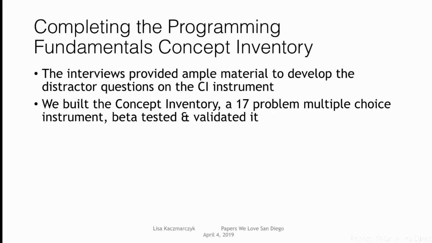After the work this paper was about, we finished the concept inventory, and to make it short and sweet, we used the misconceptions that we found to develop the distractor questions on the survey. The inventory has a series of questions that ask about a concept, and there's a right answer.